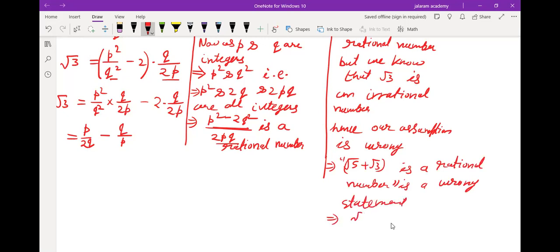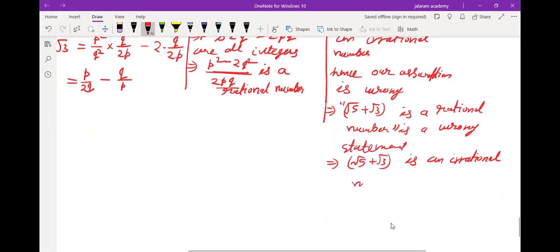And hence root 5 plus root 3 is an irrational number. Hence proved.